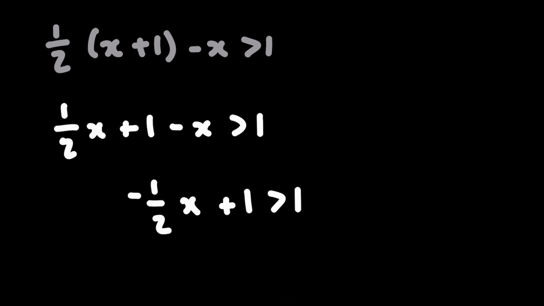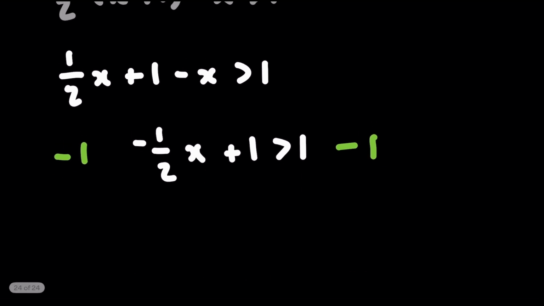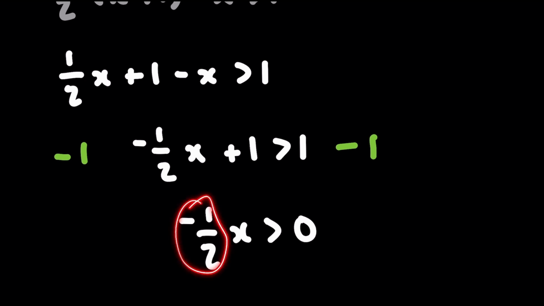Now I can actually get to solving the equation. I can get rid of this plus 1 over here by simply minusing 1 from both sides. And if I do that, I'll be left with minus a half x is greater than 0. And if I wanted to get rid of this minus a half, I'm simply going to times both sides by minus 2.